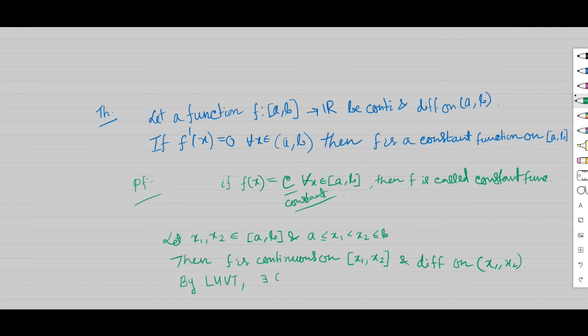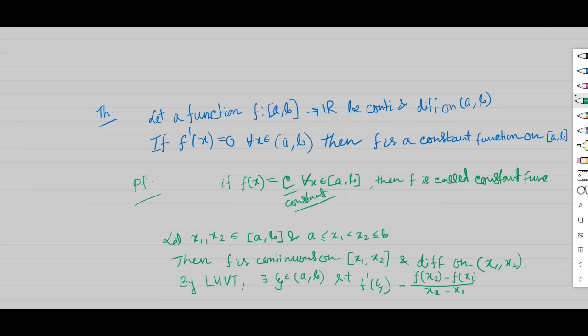there exists xi in between a and b such that f dash xi is equal to f(x2) minus f(x1) by x2 minus x1, right?